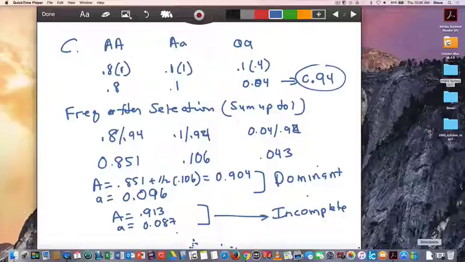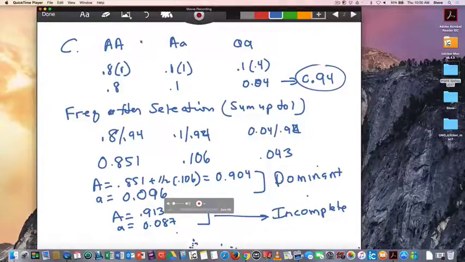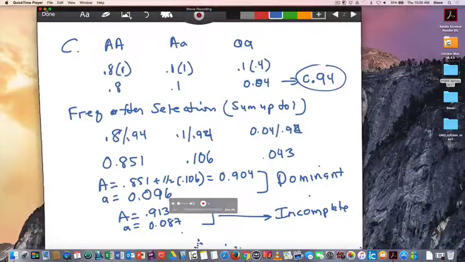And if you come up with the same answer, you probably did it right, and if you didn't, then blame your partner. Or blame me. Okay, so that tells you something about incomplete dominance, and those two models.